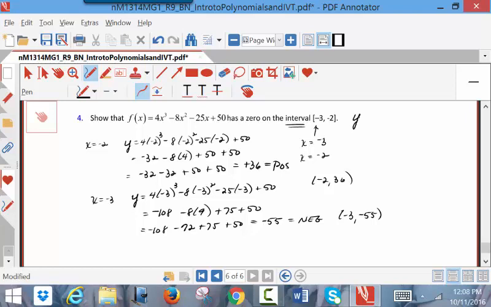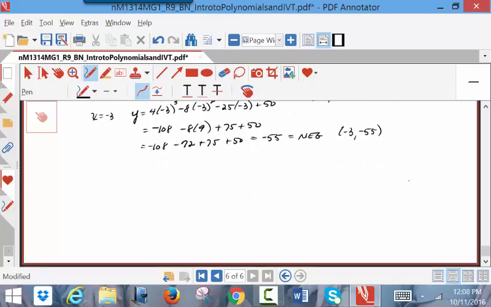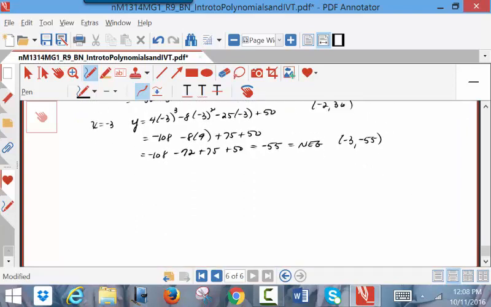So the answer is yes, an x-intercept exists in that interval because the y value changed signs. Signs meaning negative to positive or positive to negative. That should finally end this long section.